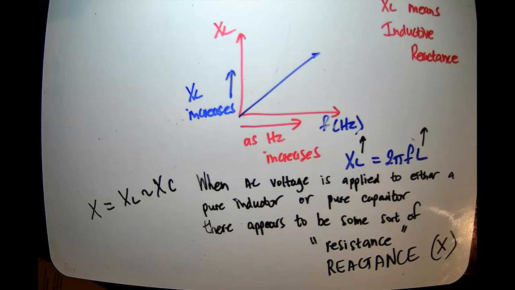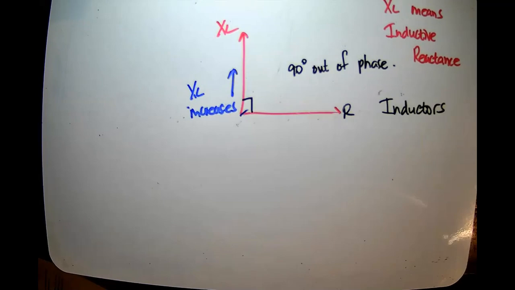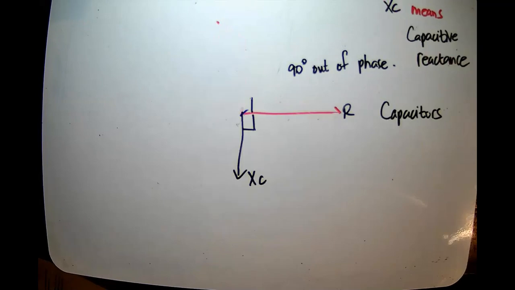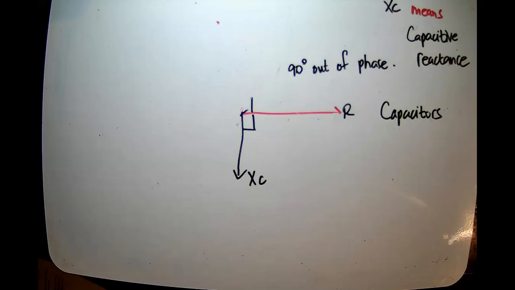So that's how we normally write it. Whichever one is bigger will go in the front. So here we are saying it is 90 degrees out of phase. With inductors, it is 90 degrees out of phase. And now with capacitors, it is also 90 degrees out of phase.